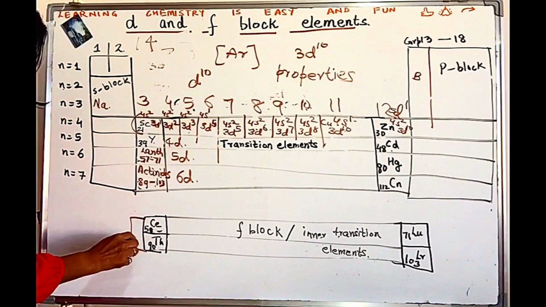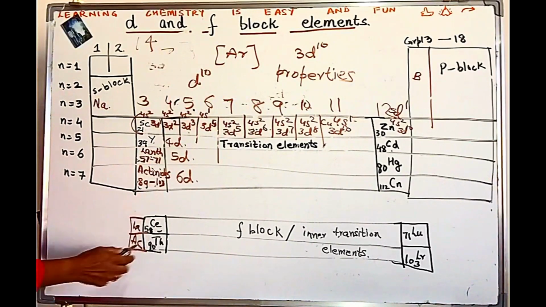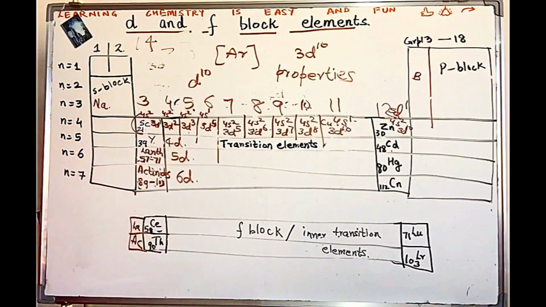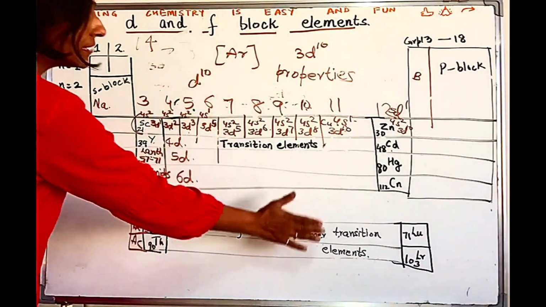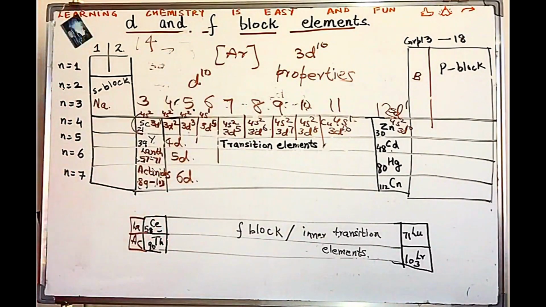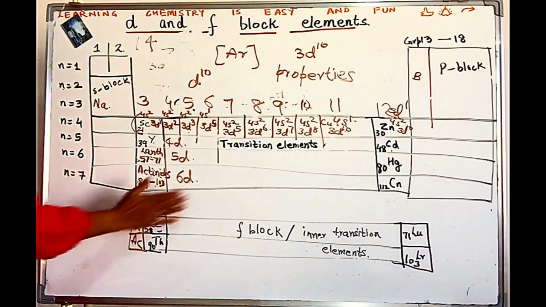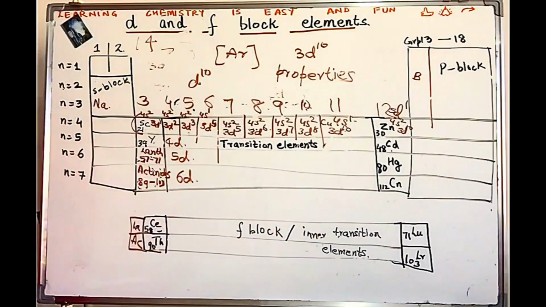So according to the latest developments, lanthanum and actinium are a part of this f block, that is the inner transition elements, because their properties resemble the inner transition elements.